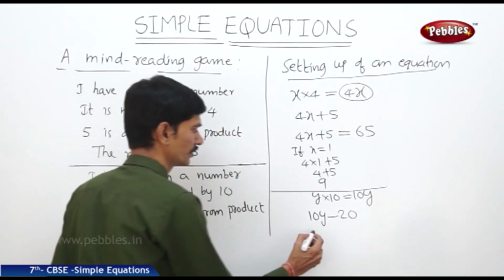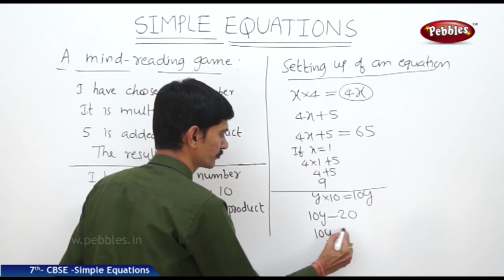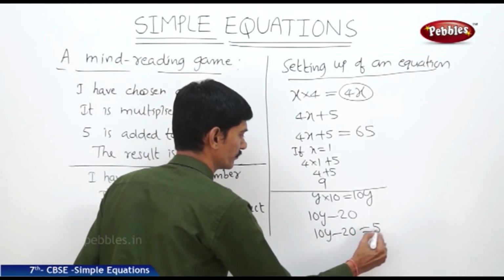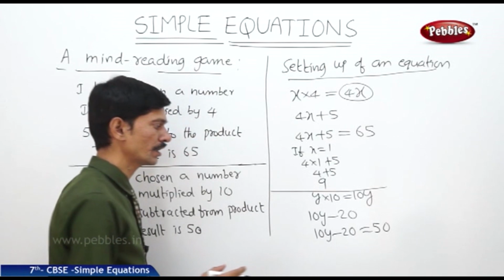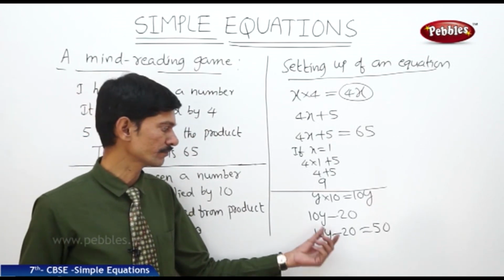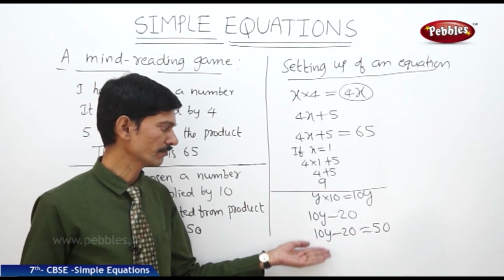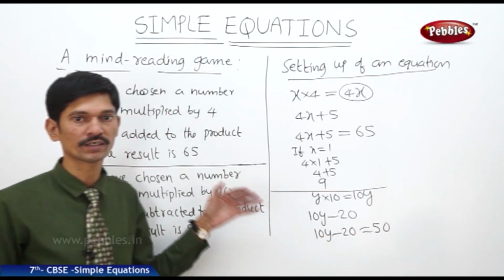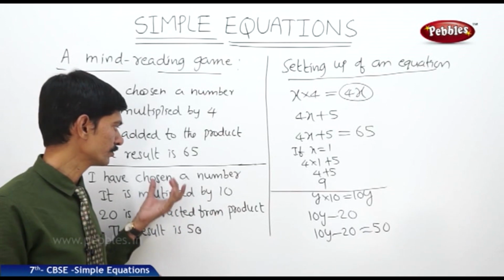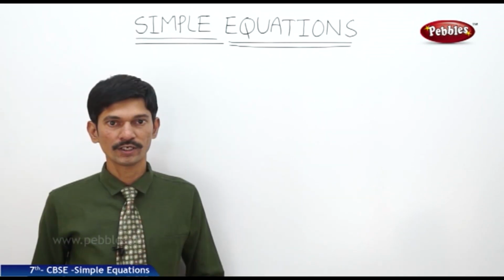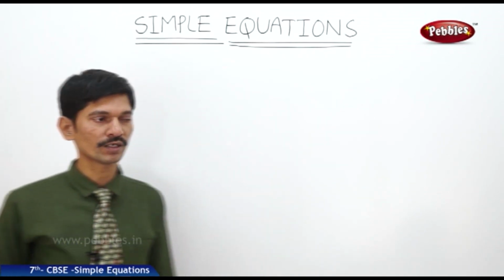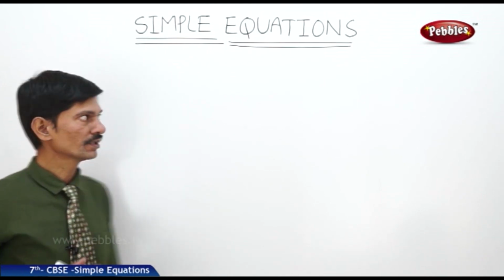So we can write that 10y minus 20 equals 50. In this equation also we have to find the value of y for which the equation is satisfied. By finding the value of y, we can find the number which we have chosen in the first. Now let us discuss what is a variable and what are the expressions.